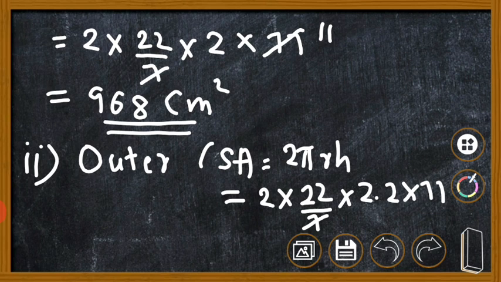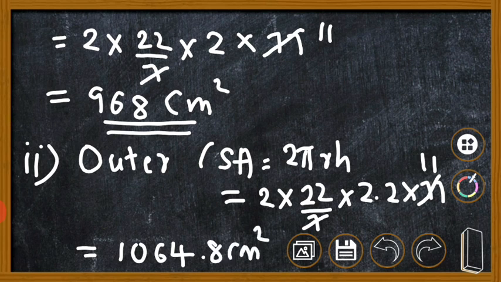Again, 7 and 77 we can cancel, and if you multiply the remaining numbers, 2 into 22 into 2.2 into 11, you will get the answer 1064.8 centimeter square. And then after that, what is the third question?